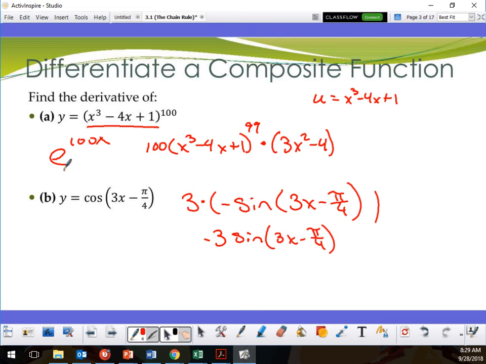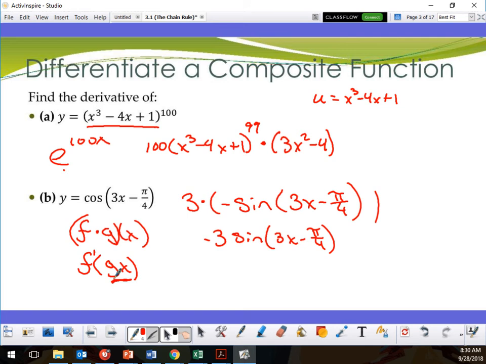And then it's going to be times e, but because the derivative of just e to the x is always e to the x, it doesn't look the same. All these other ones actually look the same. So this is going to be f of g of x. So it's going to be f prime of g of x. That's going to be the derivative of the outside without changing the inside.